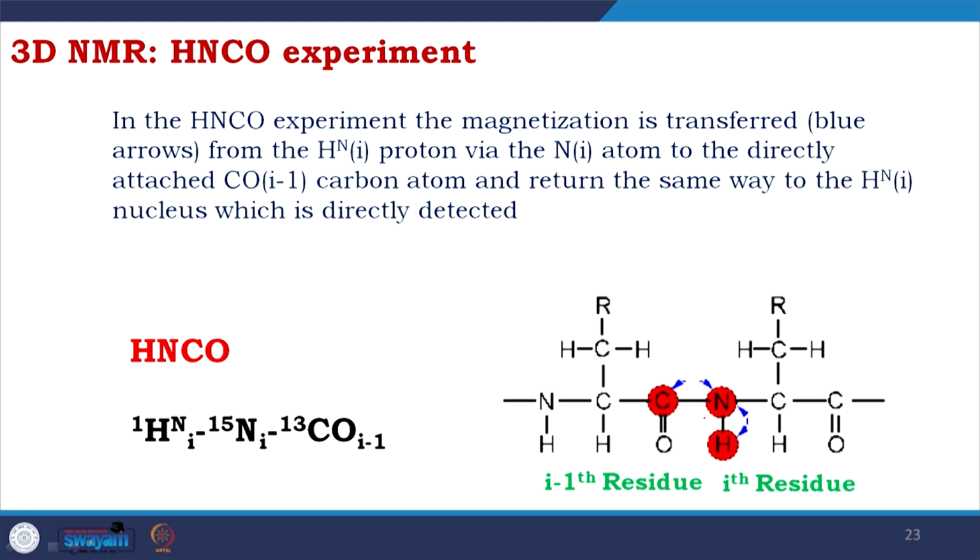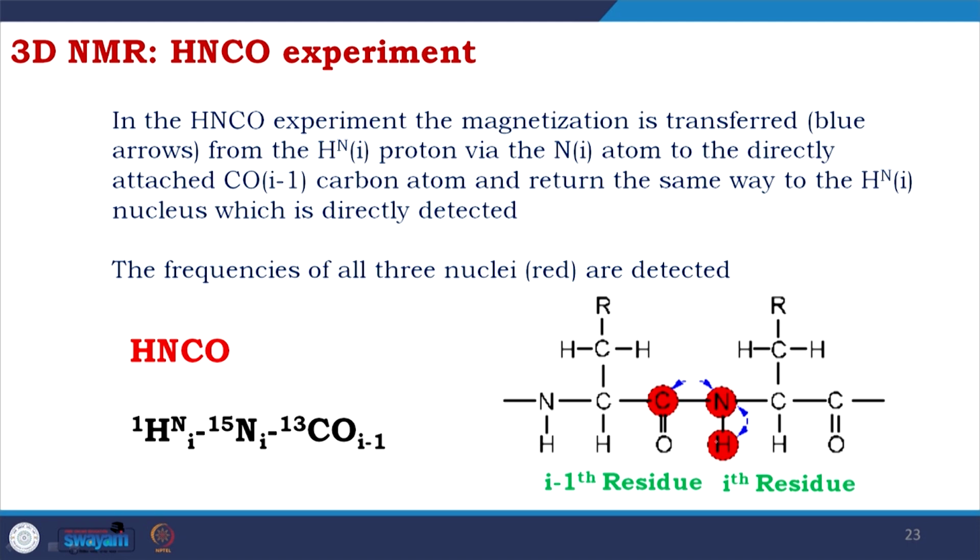So typical R's are recorded as we have talked about, but here you will see the transferring from HNi, via the Ni, meaning the ith residue's nitrogen atom, to the directly attached CO. So this is the N, this is the H, and this is the carbon of the CO, and returns the same way to the HNi, meaning this hydrogen nucleus which is directly detected.